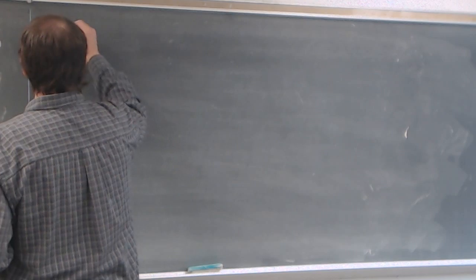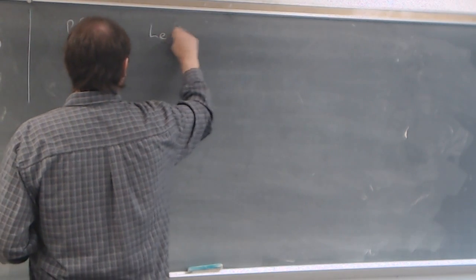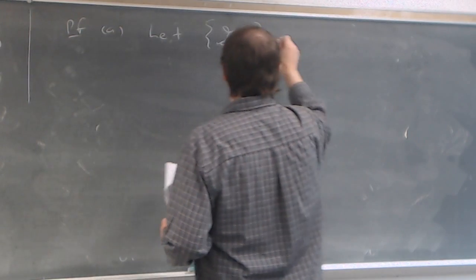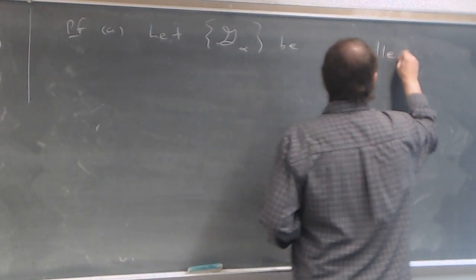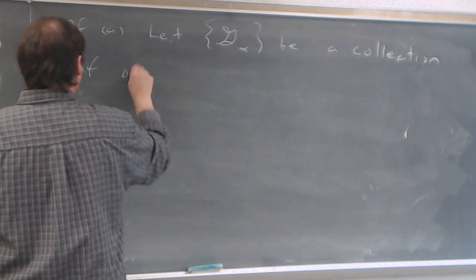So here, proof, we're going to do part A. We're going to let G sub alpha be a collection of open sets.